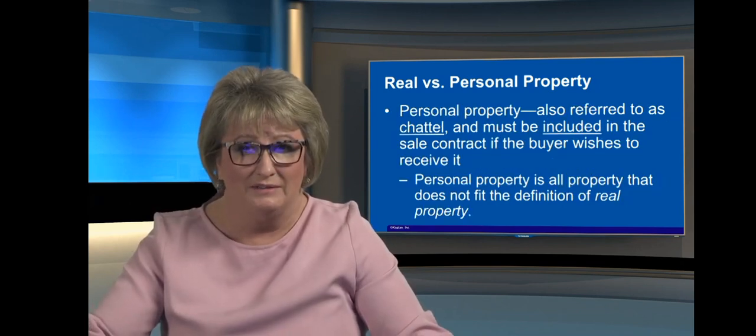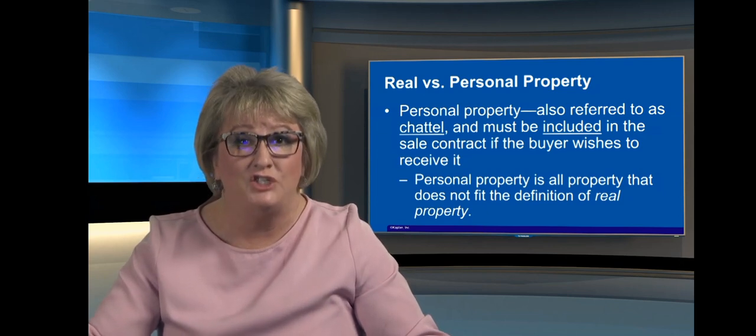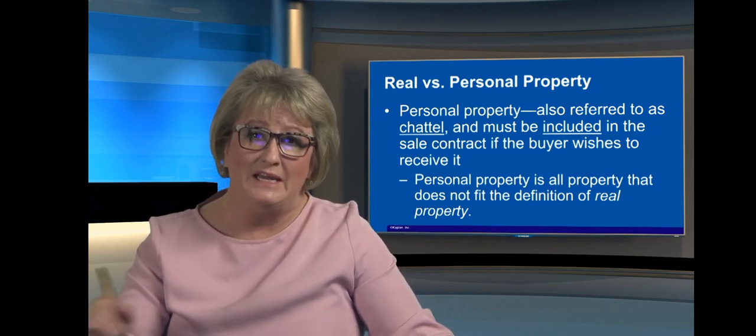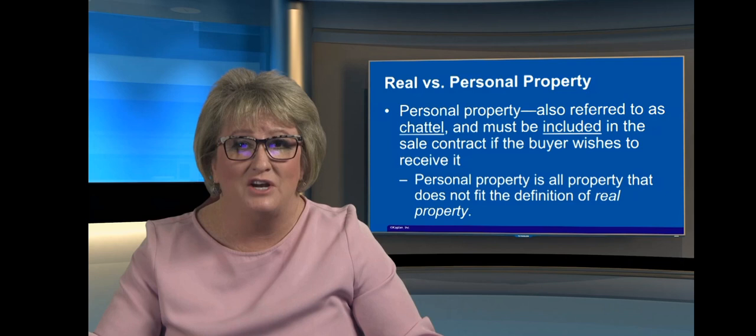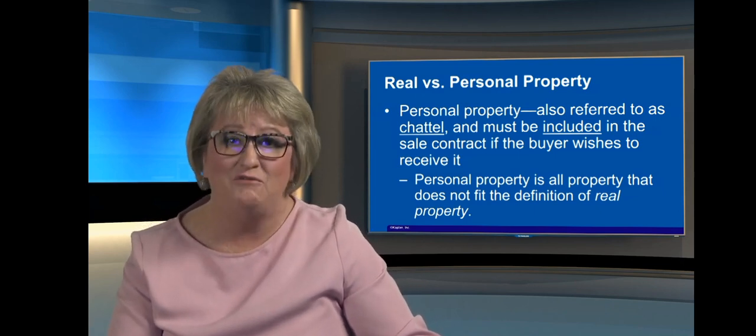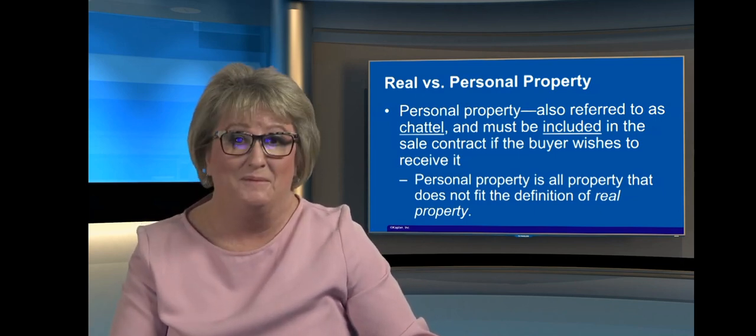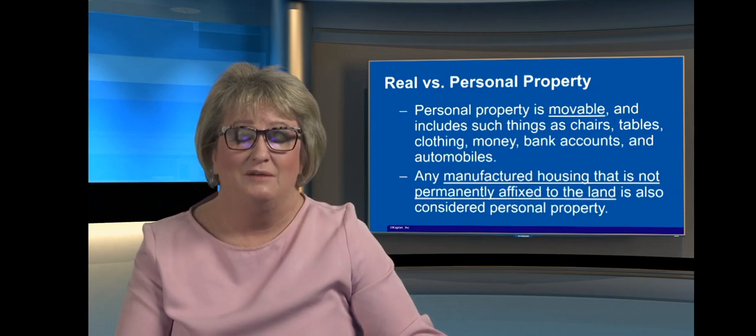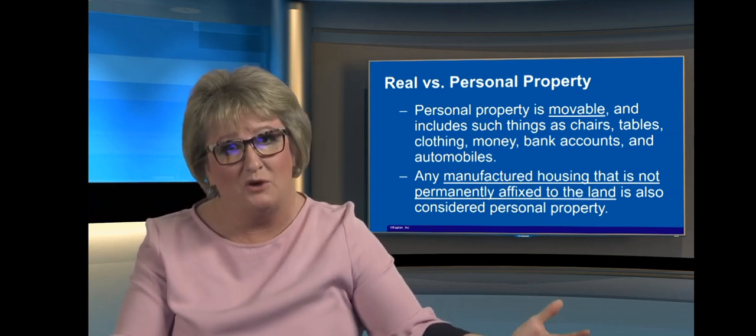Personal property, also referred to as chattel, must be included in the sales contract if the buyer wishes to receive it. Personal property is all property that does not fit the definition of real property. Personal property is movable and includes such things as chairs, tables, clothing, money, bank accounts, and automobiles.